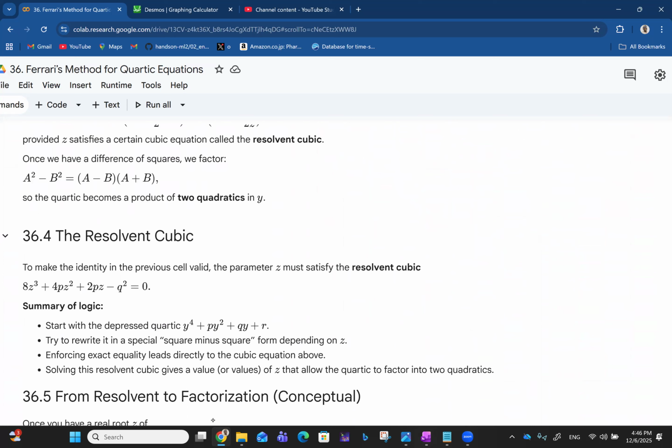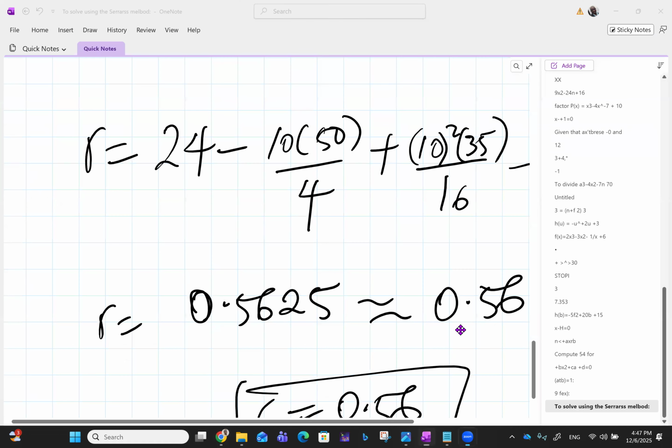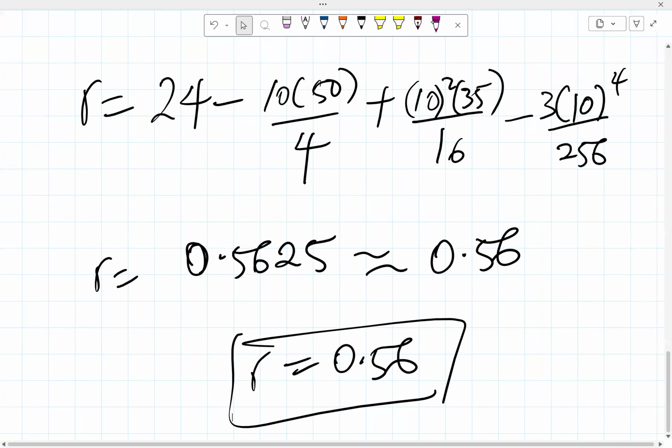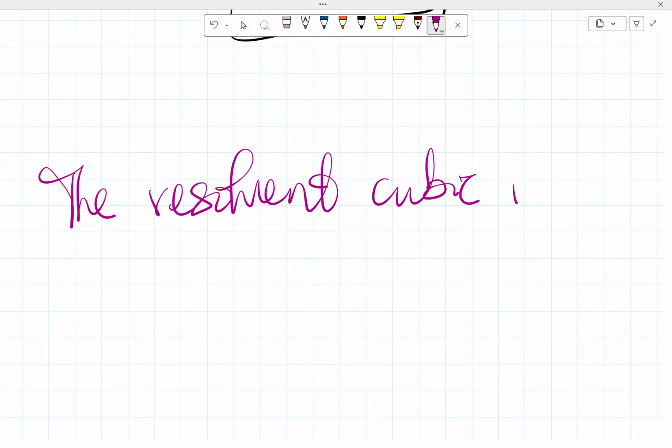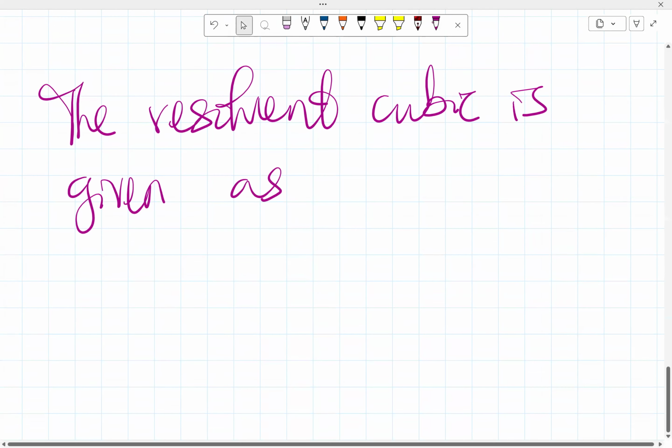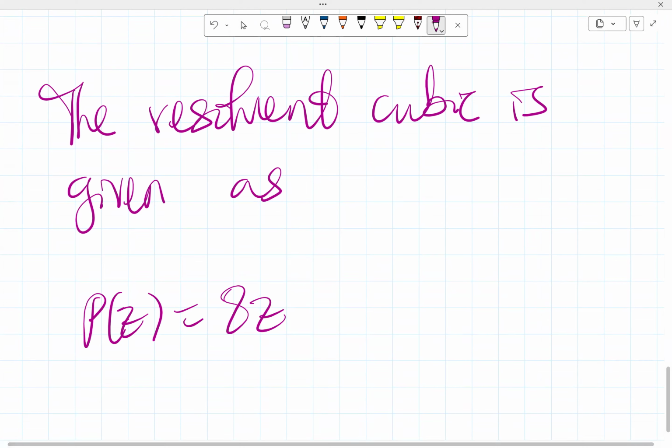Okay. The resolvent cubic is given as 8z cubed plus 4pz squared plus 2pz minus q squared equals 0. So we can do that. So the resolvent cubic is given as p of z, if you like, equals 8z cubed.